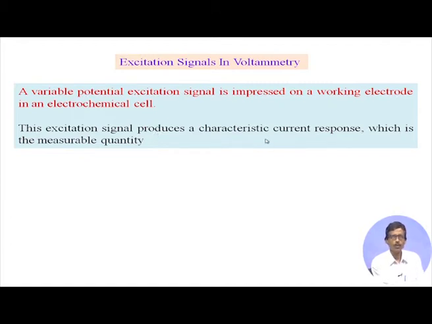When you put the potential depending upon the signal, nowadays most advanced instrumental techniques and computer-controlled instruments give rise to all these advantages, because they are based on the development of computers and the corresponding instrumental parts, and the current is a measurable quantity.